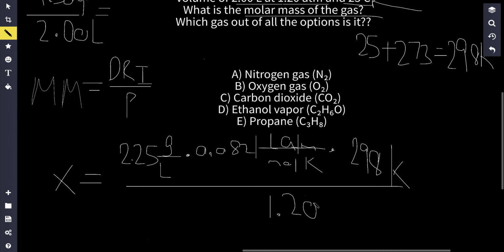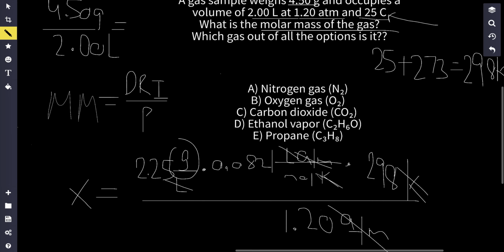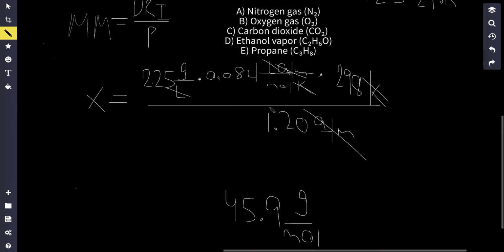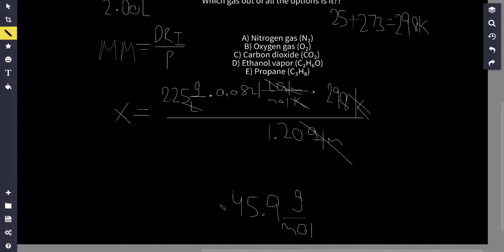The atm in the numerator and denominator cancel out. Kelvins cancel out. The liters cancel out. So we're just going to be left with grams divided by moles. Now we have our molar mass, which is 45.9 grams per mole, and we can check our answer choices.